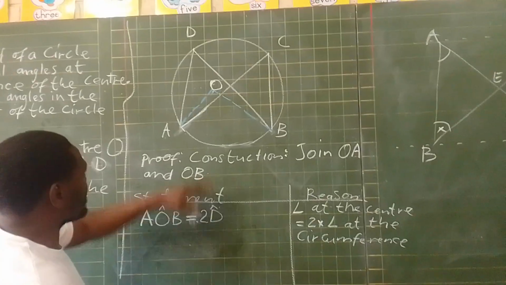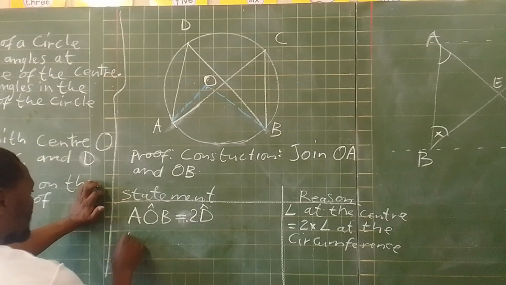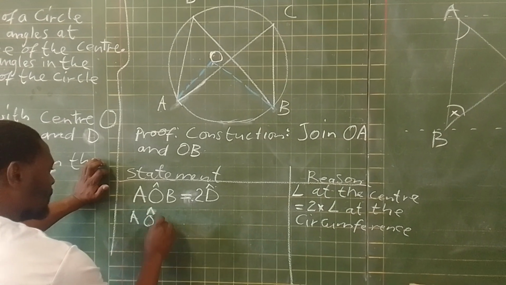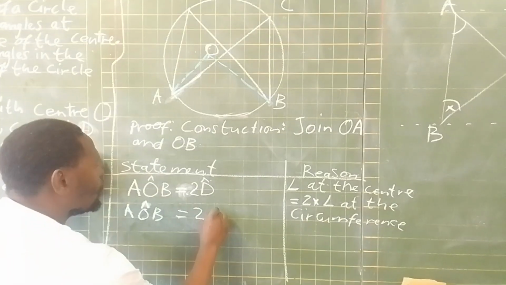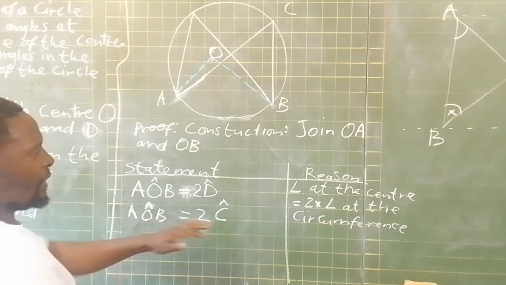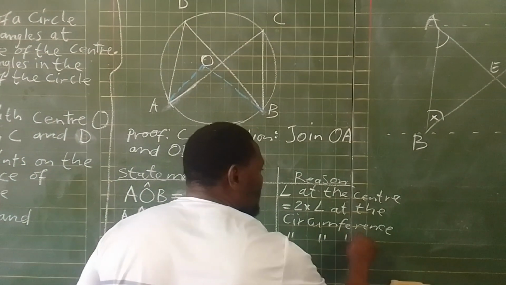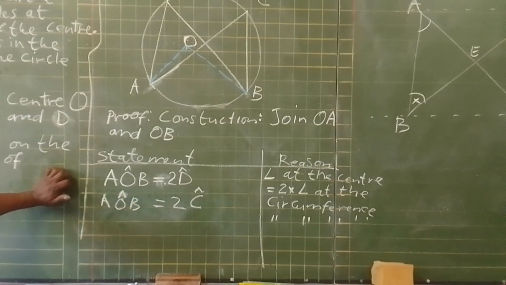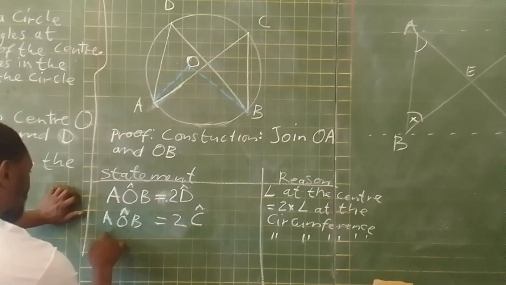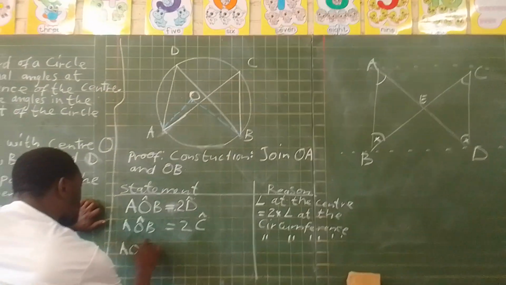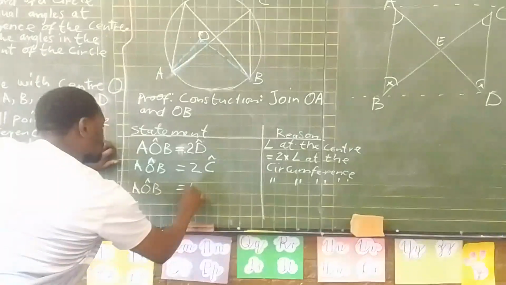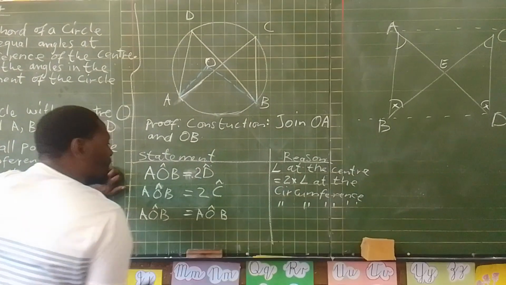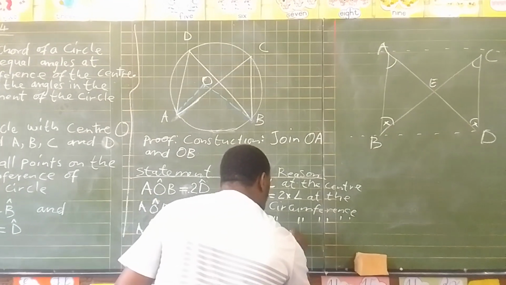Now we have that, and then we come and say angle AOB again is equal to 2 angle C. The same reason: angle at the center is twice the angle at the circumference. Therefore, angle AOB is equal to angle AOB. They are the same angle.